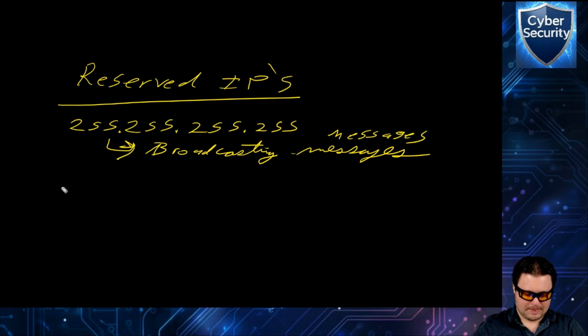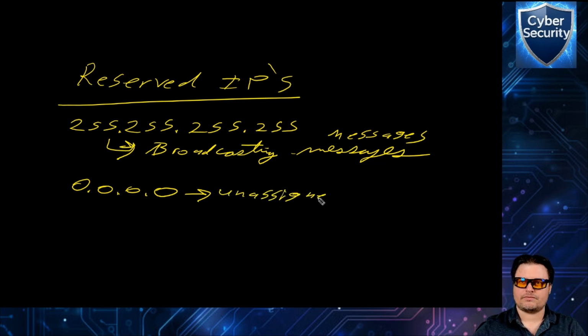And then there's the 0.0.0.0, which is for unassigned IPs. Technically, it's not used.